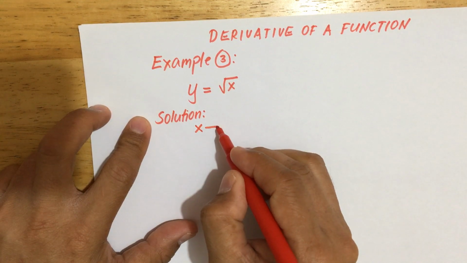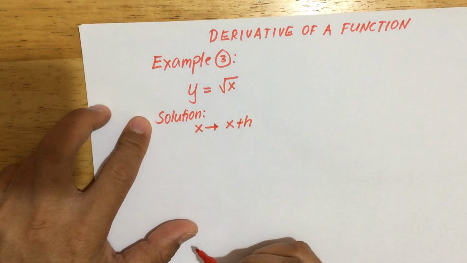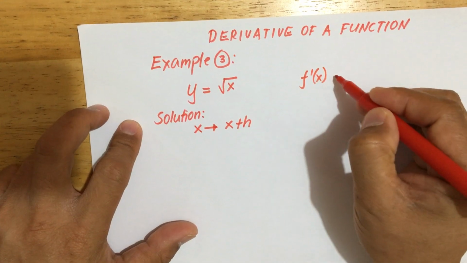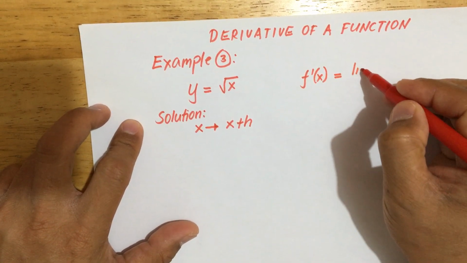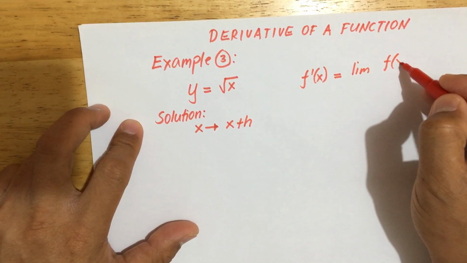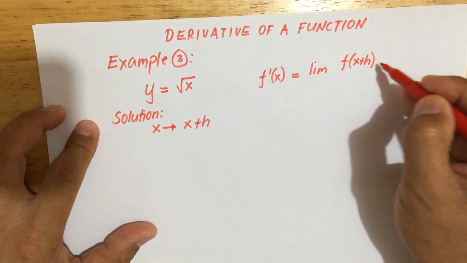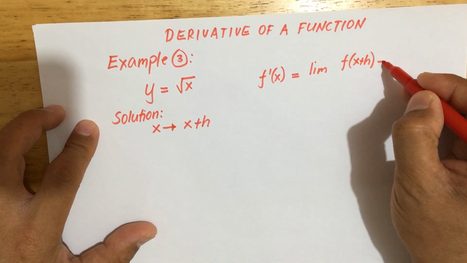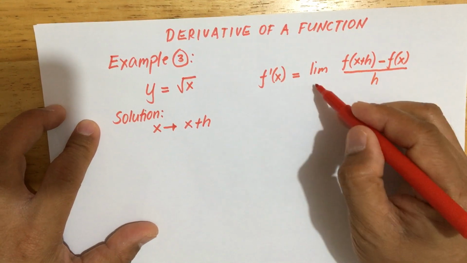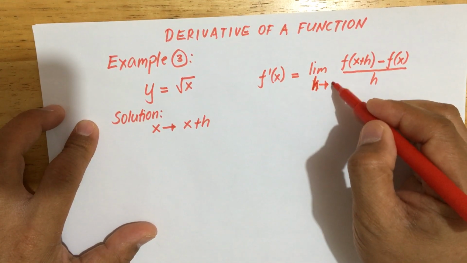x to x plus h, right? And we have to use this formula: f prime of x equal to the limit of f of x plus h minus f of x, divided by h, as h approaches 0.